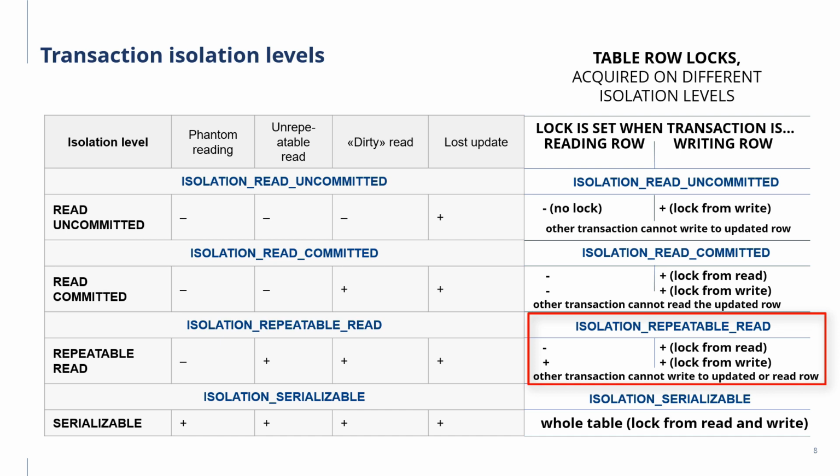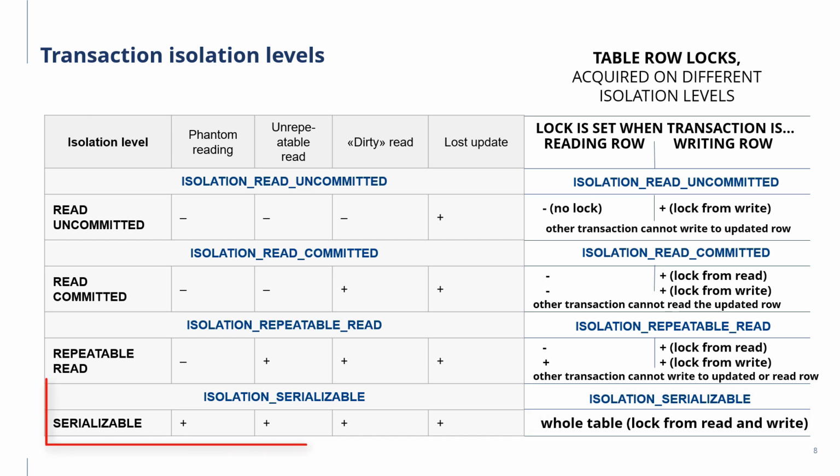So I do not want to have some unrepeatable read. If I am reading, I am blocking other transactions from writing so that if I read again, the unrepeatable read does not happen.